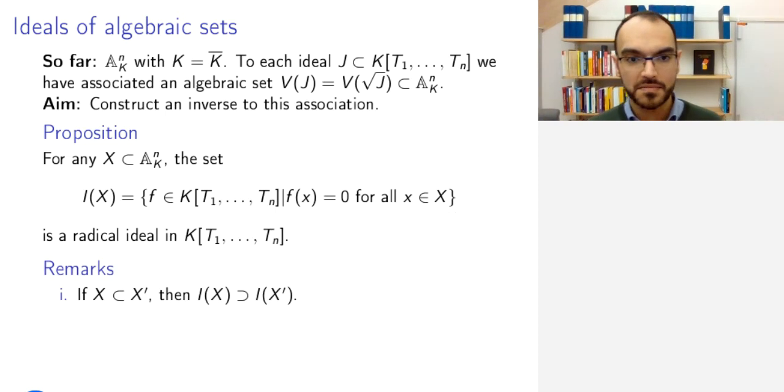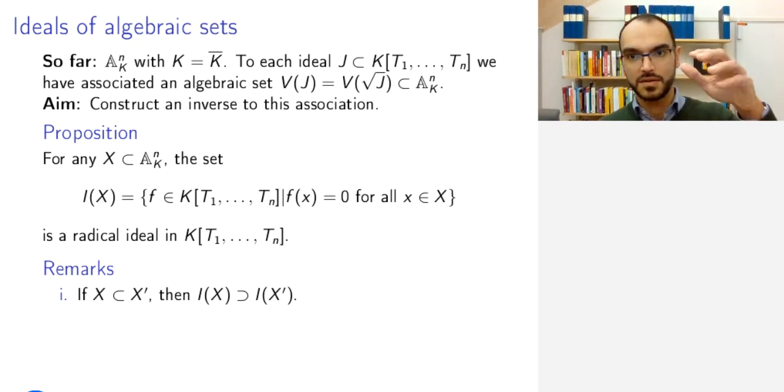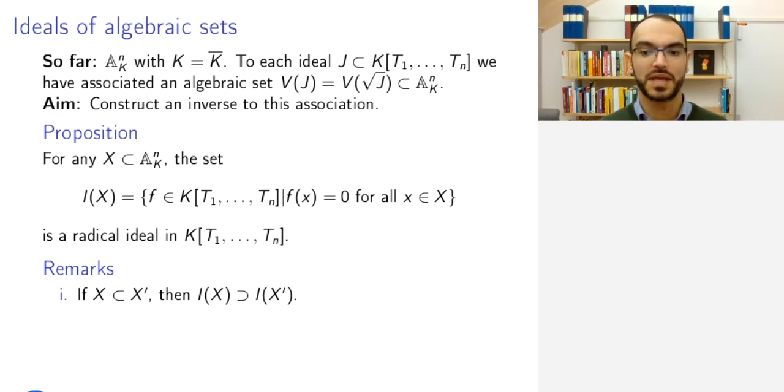So a few remarks. The bigger you take the set, the smaller the ideal becomes. You can prove this rigorously. The main idea is that taking a larger set means that the condition of becoming zero there is stronger, so a subset of the functions will become zero there.